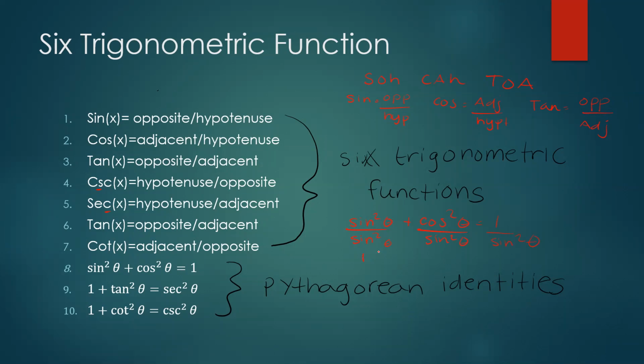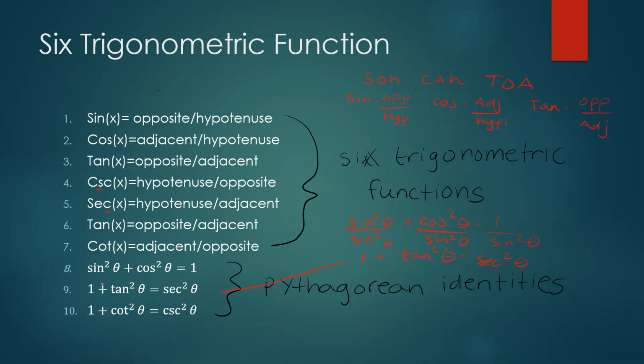Sine square over cosine square is tan square. This becomes 1. And then 1 over cosine square is the same thing as secant square theta, right? So then you have this formula. So I think all you have to remember is this, and then you either divide everything by sine square theta or cosine square theta.